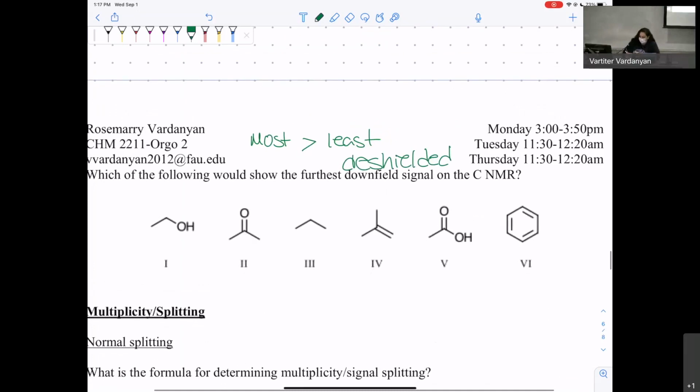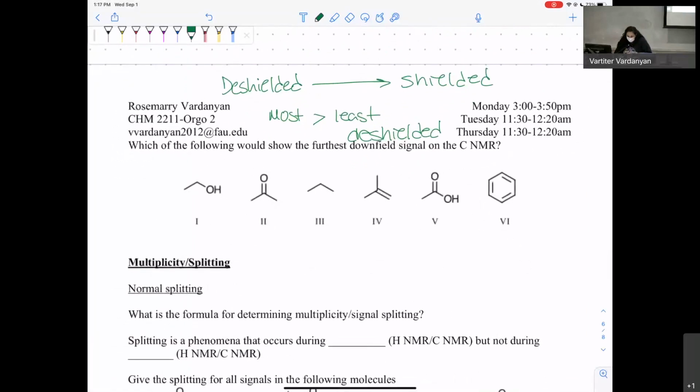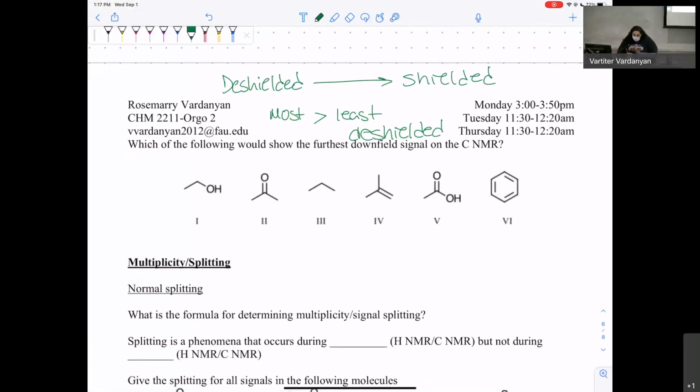So let me just say it like that. De-shielded to shielded. To not de-shielded or shielded, we could say. All right, so since someone brought up the carboxylic acid, since Luke, because I know your name, are you guys saying that one is de-shielded or is it shielded?